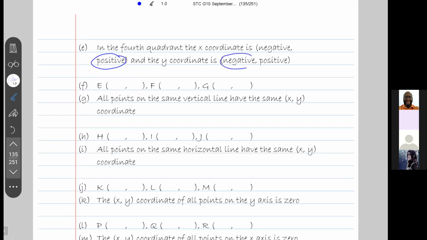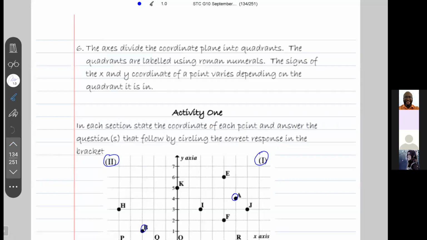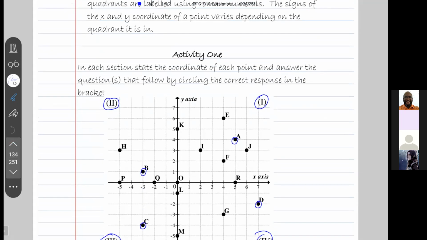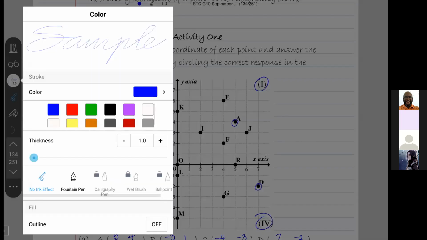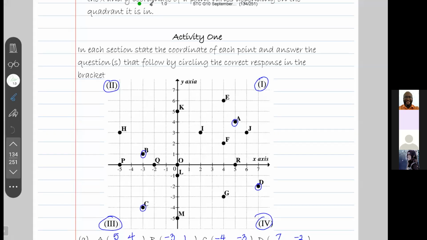All right, guys, the next thing we want are the coordinates of E, F, and G. Write them down, guys. Let me change the color ink to highlight them. So this is E, F, and G. Write down the coordinates of E, F, and G, and then let us answer the questions.